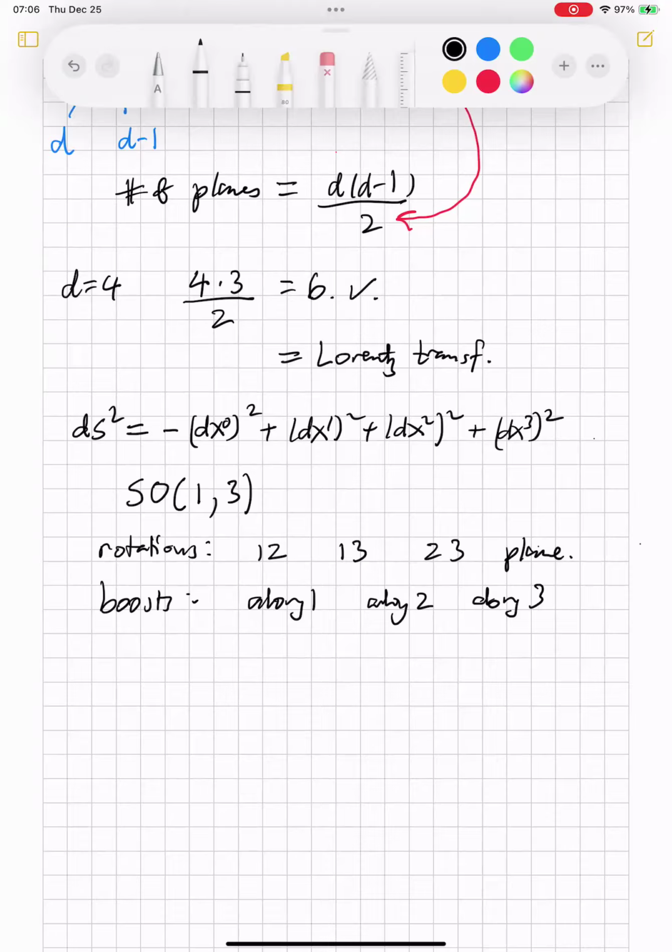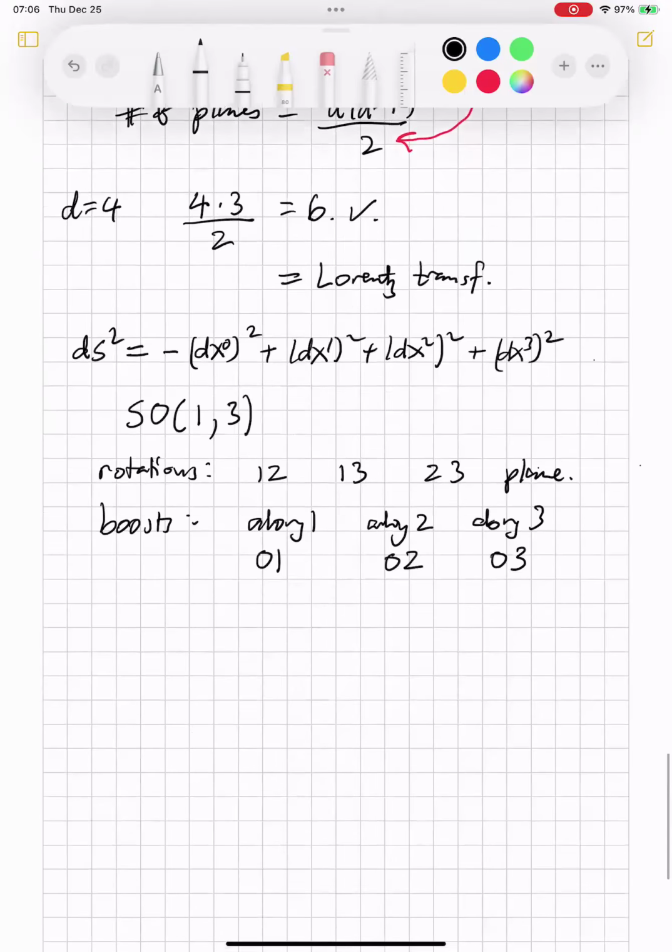But if you think about it a little bit, boosting along 1 is related to doing a rotation, a complexification of a rotation, but in the 0-1 plane. Boosting along 2, you're doing something in the 0-2 plane. And boosting along 3, you're doing something in the 0-3 plane. And that's why we still get 6. So we can still count the number of transformations in SO(1,3) by counting planes.